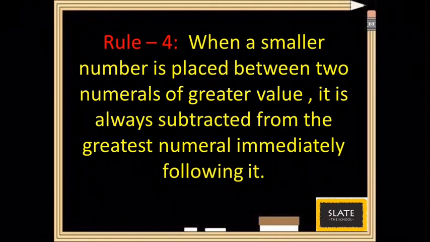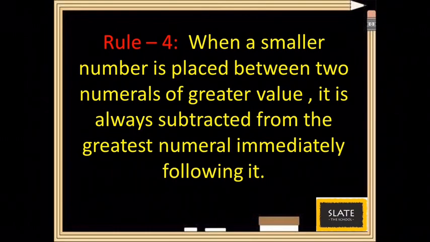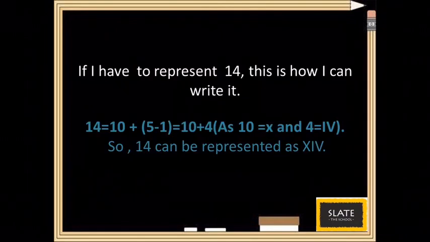When a smaller number is placed between two numerals of greater value, it is always subtracted from the greater numeral immediately following it. Let's understand this rule with few examples.